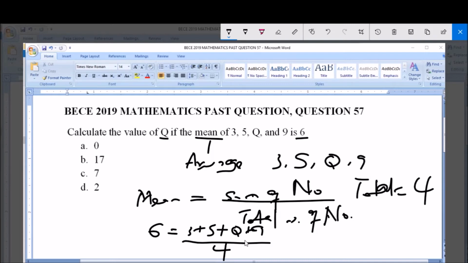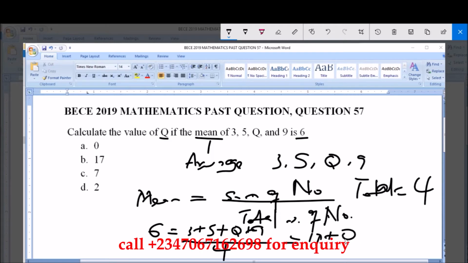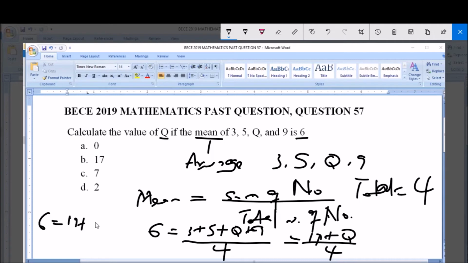Then we'll have plus Q. So this is equal to 17 plus Q all over 4. That is, 6, which is the mean, is equal to 17 plus Q all over 4.